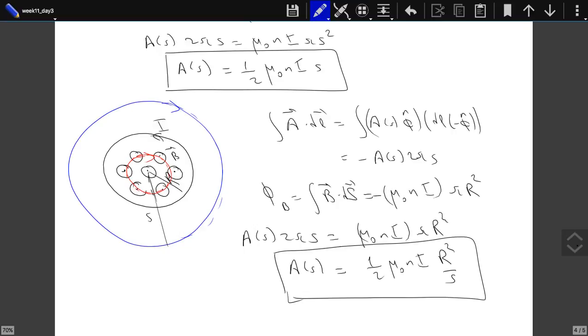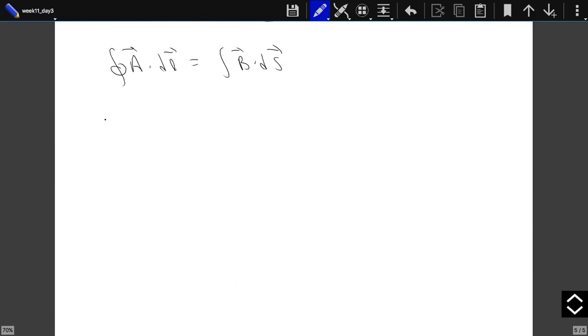No, the question of whether the vector potential is a physical quantity or not is not a trivial question, especially when you take into account quantum mechanics. When you take quantum mechanics courses, you will study an effect called the Aharonov-Bohm effect.